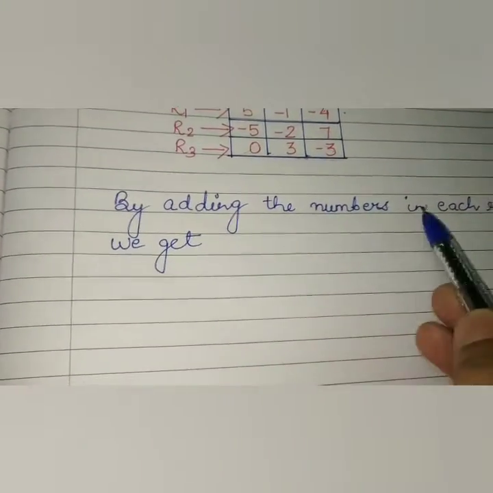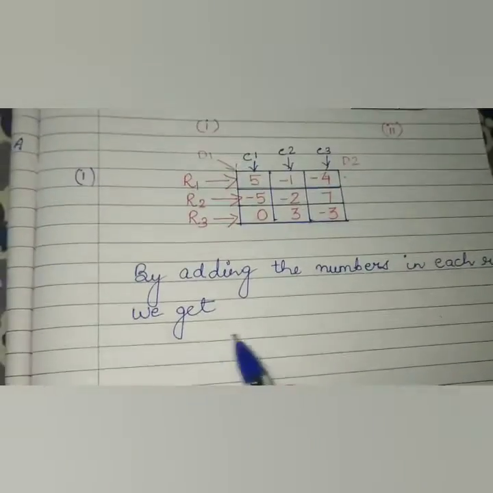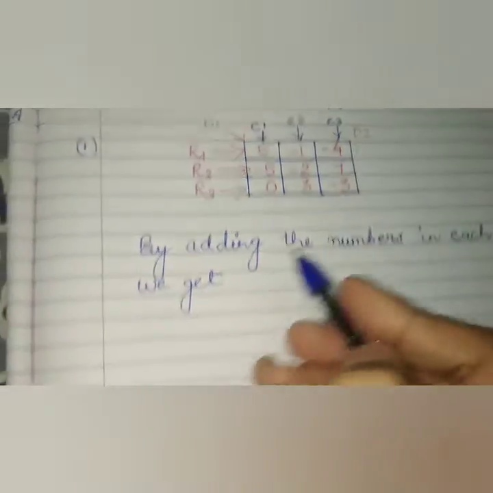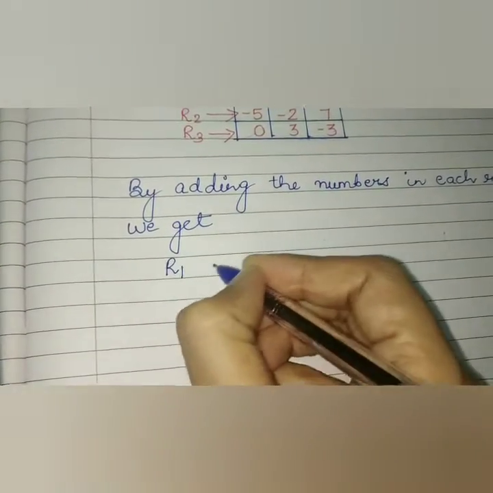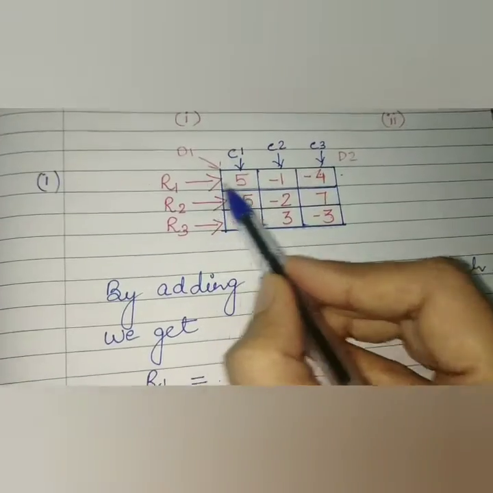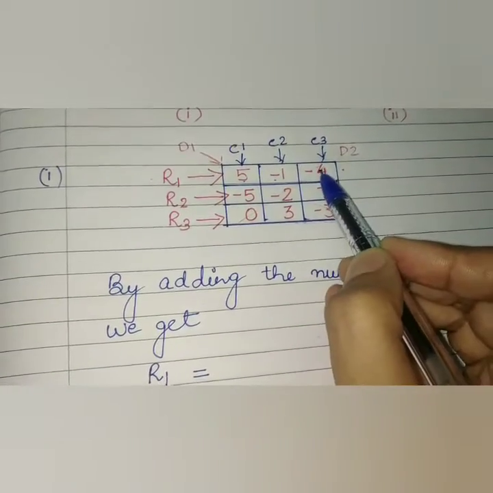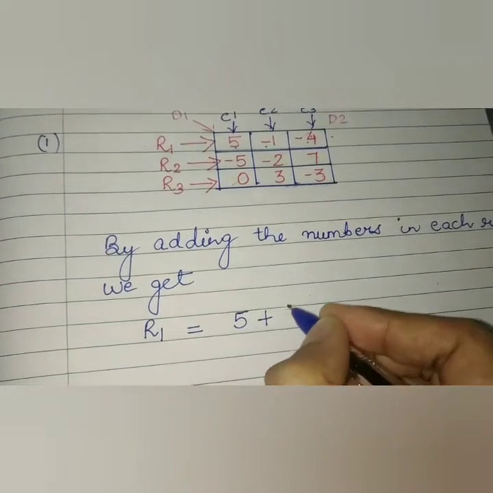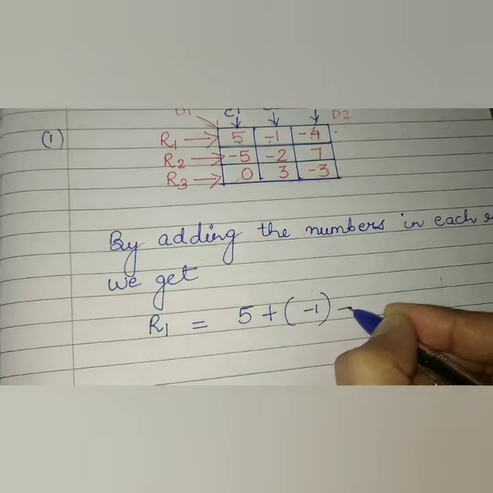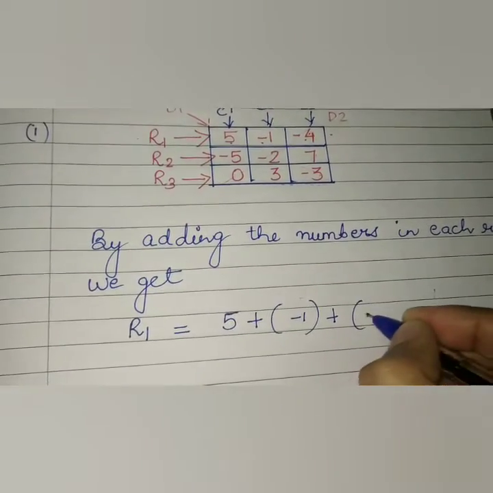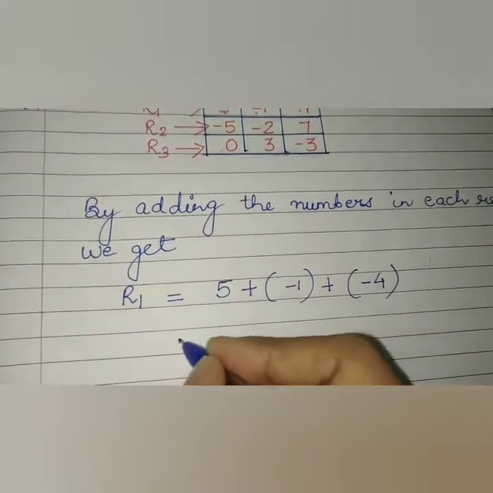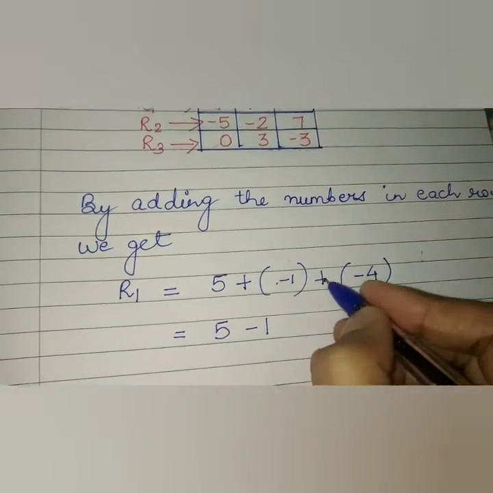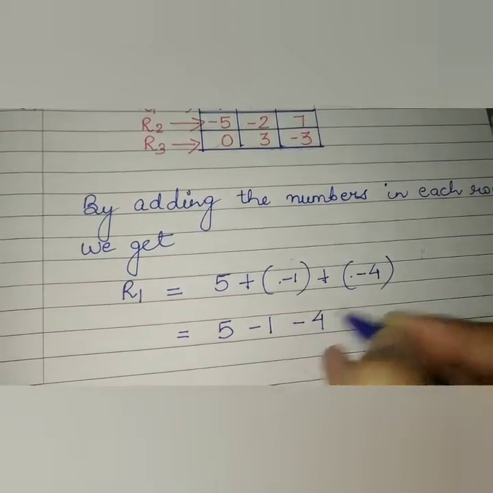Okay, by adding the numbers in each row we get the sums. Firstly we will add the first row. I will write R1 equals. The values in R1 are 5, minus 1 and minus 4. So we add 5 plus in bracket minus 1 plus in bracket minus 4, which becomes 5 plus minus minus 1 plus minus minus 4.